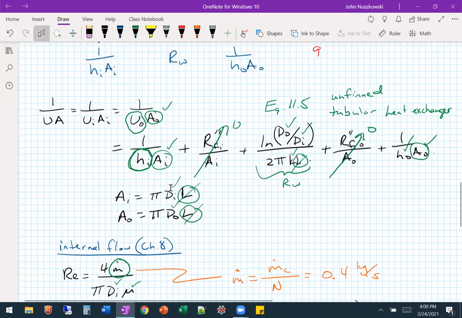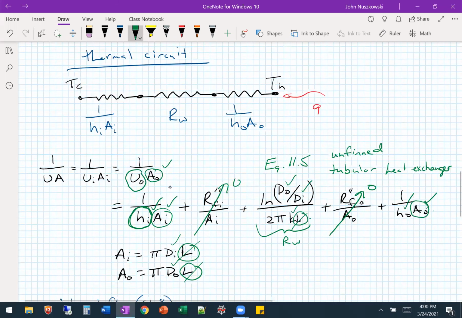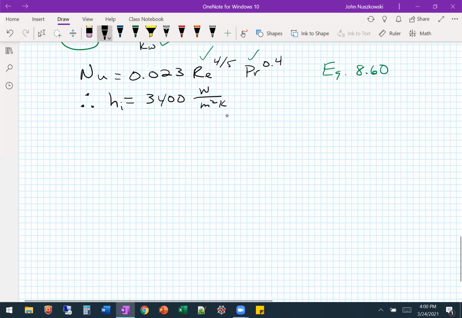And now we go way up here. We have our convection coefficient on the inside, on the cooling water. So now we have every term here. We can plug and solve for our overall heat transfer coefficient on the outer surface area. So if we do that, we get 2,255 watts per meter squared Kelvin.